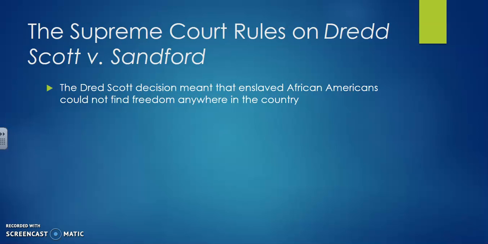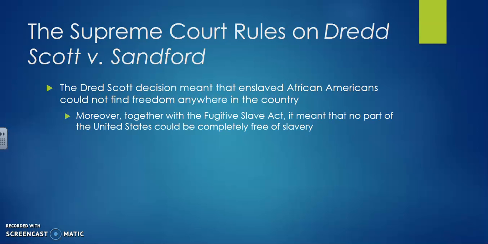So the Dred Scott decision meant that enslaved African Americans could not find freedom anywhere in the United States now. In other words, if they were to use the Underground Railroad to try to escape slavery, they have to get all the way to Canada now to escape it. Moreover, together with the Fugitive Slave Act, it meant that no part of the United States could be completely free of slavery.